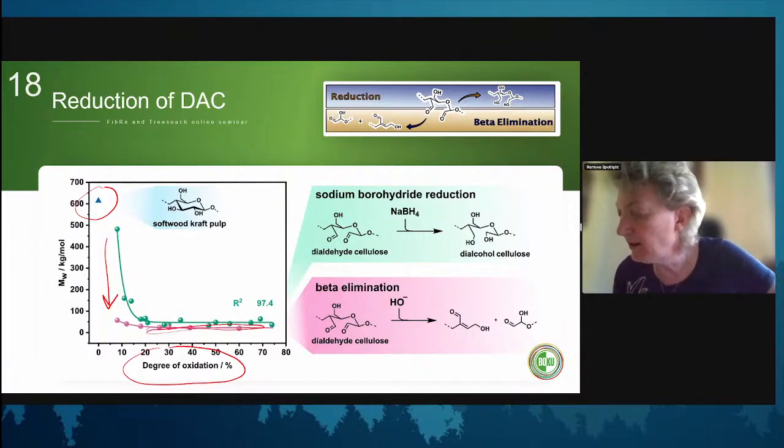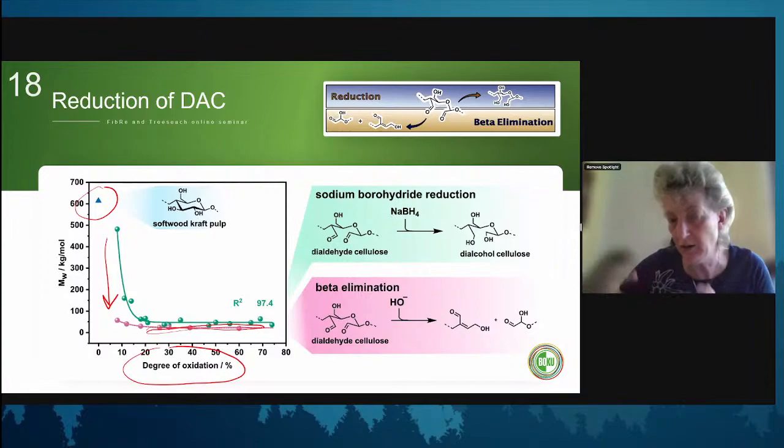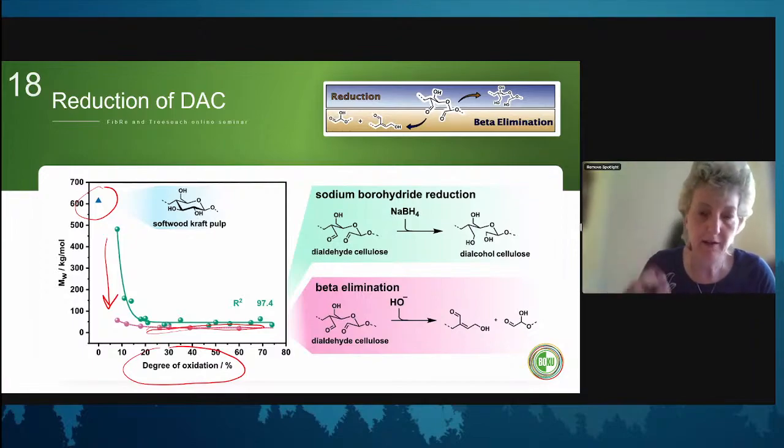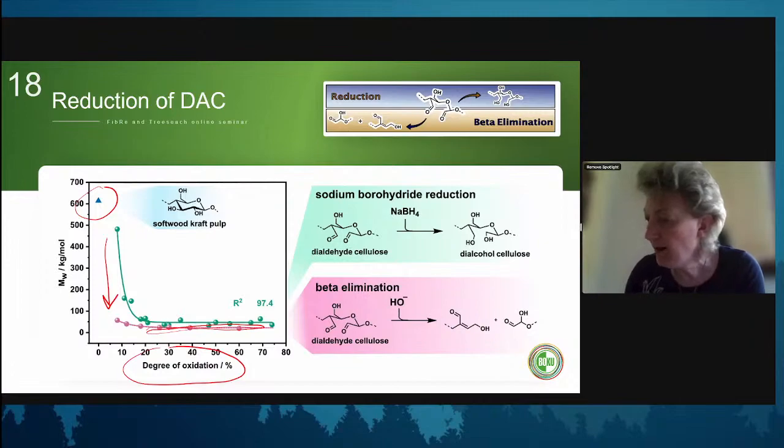It's this classical leveling off DP of oxidation. We think the reason is that the oxidation is a heterogeneous process and cannot enter inside the crystals. So there is this level of material still there. But otherwise, we have basically a drop in the sodium borohydride reductions. This is the green part.